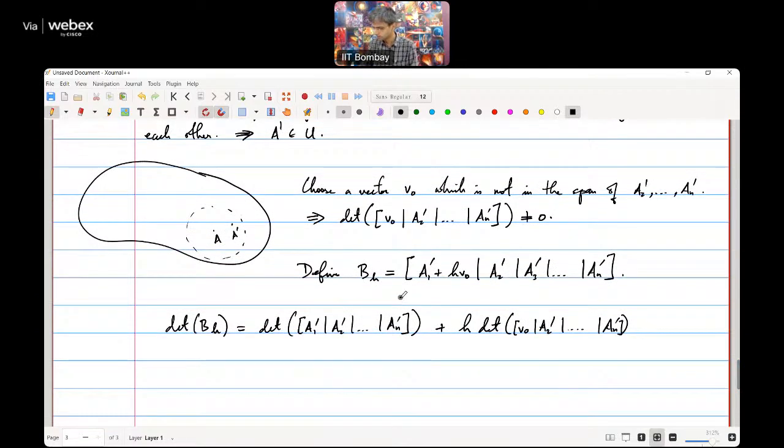Okay, so this is 0. This is equal to H times the determinant of this thing, which is something not 0. Okay. So this is equal to H times some constant C, where C is not equal to 0.